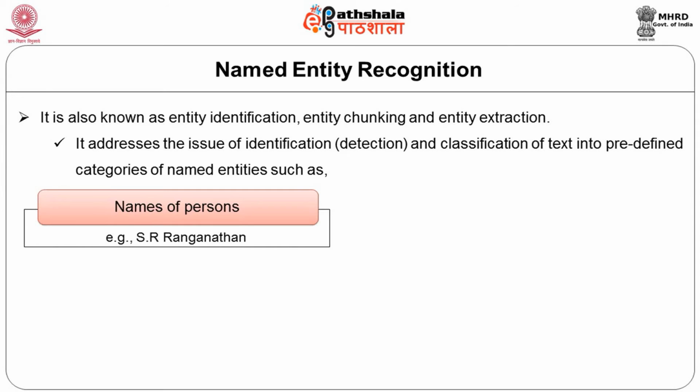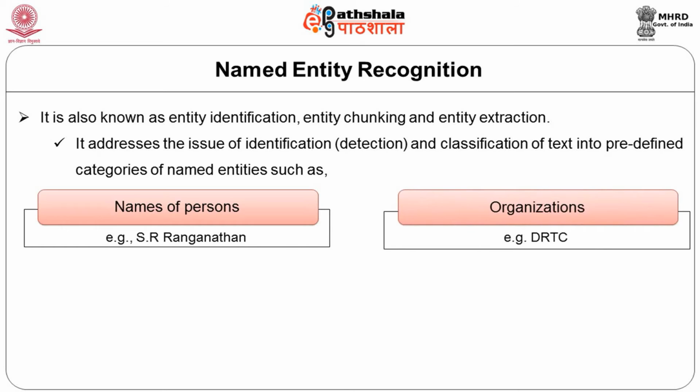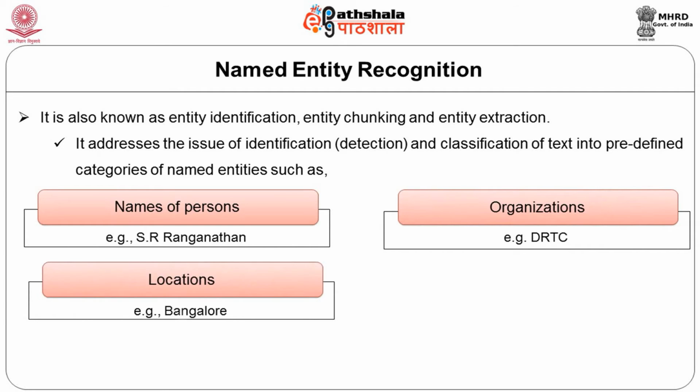Named entities can also be the names of organizations like DRTC or ISI, standing for Indian Statistical Institute, or InflipNet. Then the other very popular type of named entities that are extractable are the names of locations. As already mentioned, the location can also be a proper noun, like the name of a town or a city such as Bangalore, Delhi, Ahmedabad, and so forth.